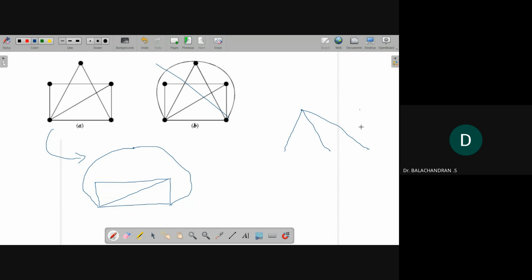Still I need to join 3 more edges: 1, 2, and then 3. So this is K2,3. Here the edges intersect only at the endpoints, and K2,3 is also a planar graph.